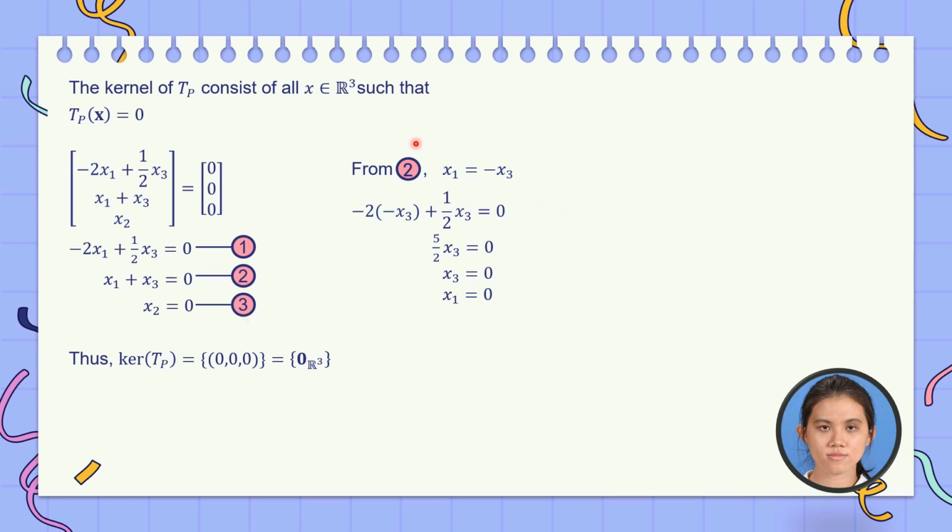By using equation 2, we substitute x1 equals negative x3 into equation 1, then we obtain x1, x2, and x3 equal to 0. Thus, we conclude that kernel TP is 0, 0, 0, and we can say that it is the zero of R cubed.